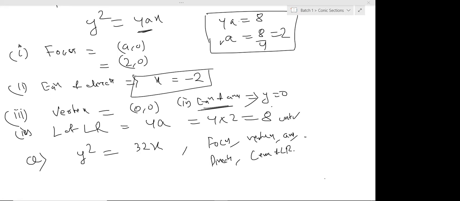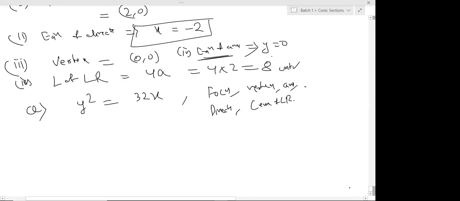Abdul, how is focus 6, 0? See, standard equation is y square equals to 4ax. That means 4a is equal to 32. So a is 8. 32 by 4 is 8.